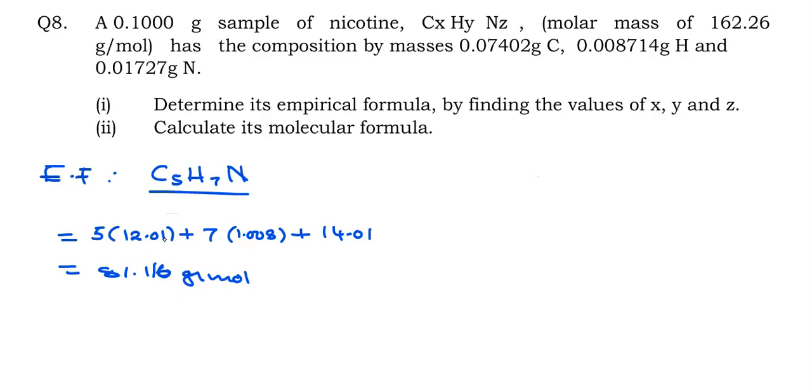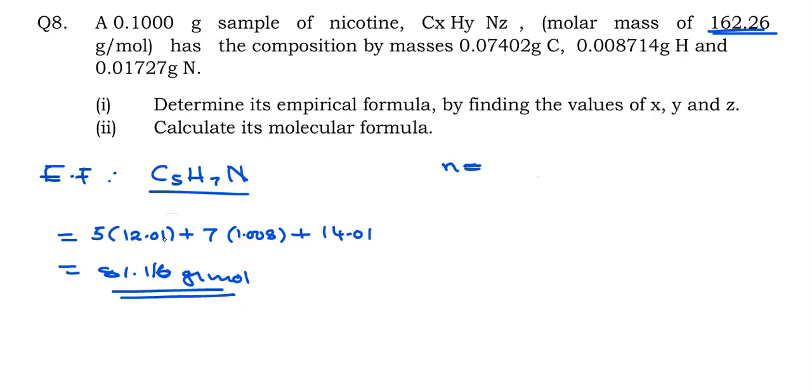Alright, so what are you going now to do next? After we find the molar mass of the empirical formula, then we have been given also the molar mass of what? Of the compound. What we are going to do now, we are going to find the number of moles, which we can call the value of n.